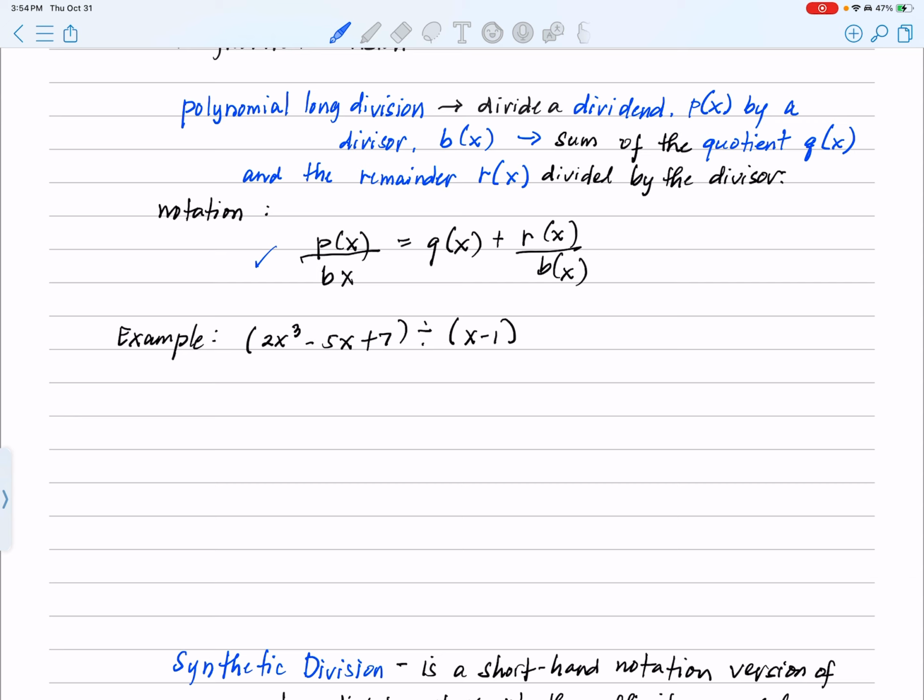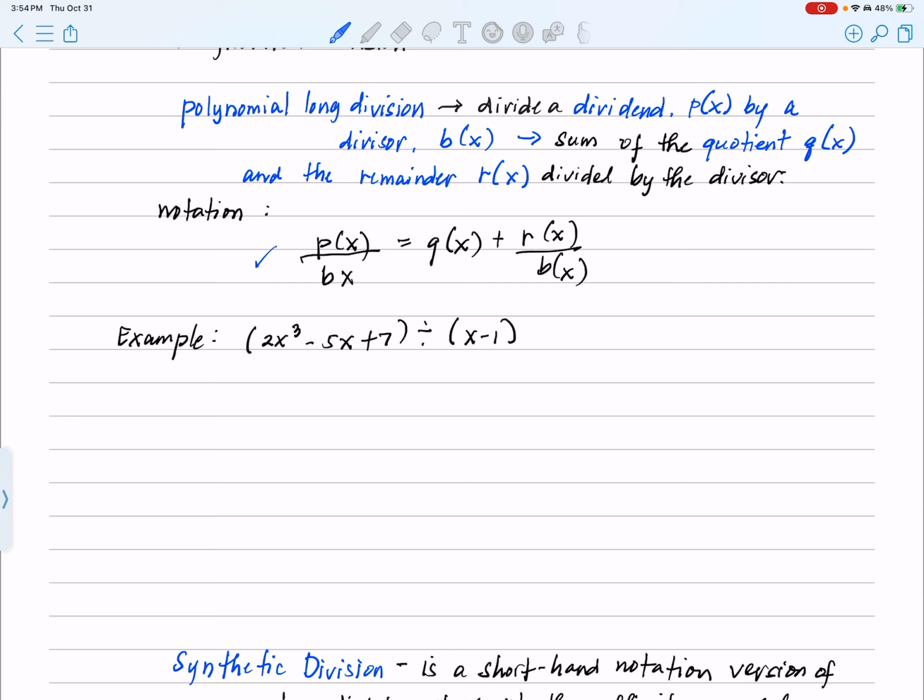They should first be arranged in descending order of exponents, and in cases where there is no term corresponding to an exponent in the dividend or divisor, we can use a placeholder term with a coefficient of 0.